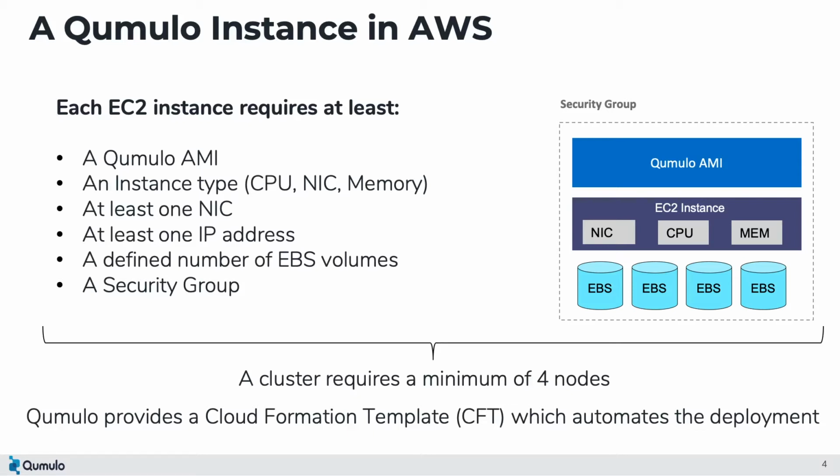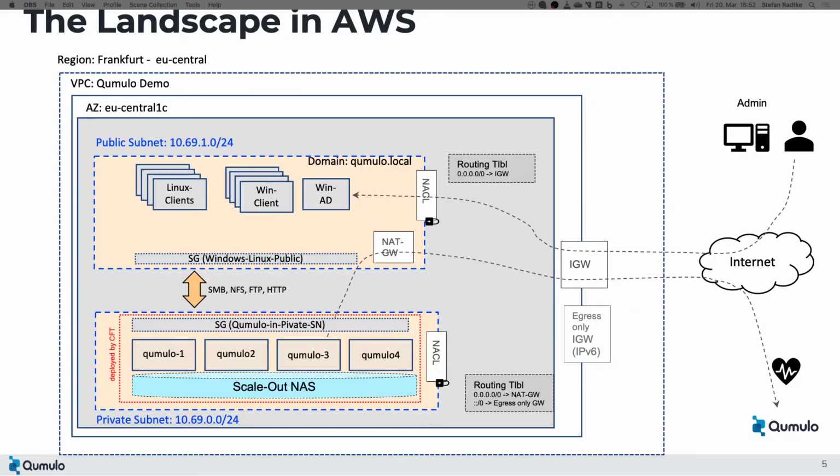There is a defined number of EBS volumes that you don't need to pick and choose manually, so we can set everything up with the CloudFormation template automatically. And also we set up the security group, with at least the ports open that are required for the cluster to communicate with clients and with the other nodes as well.